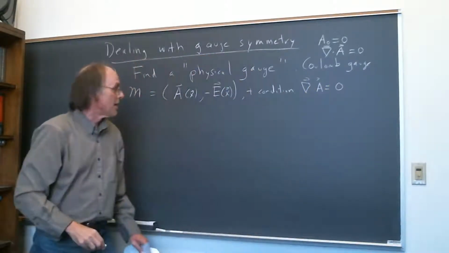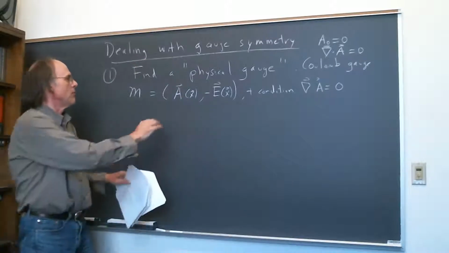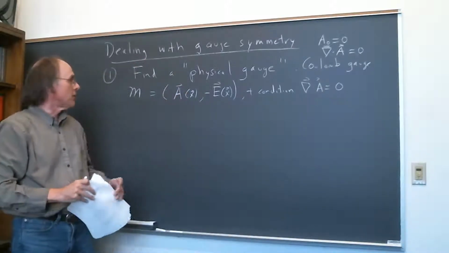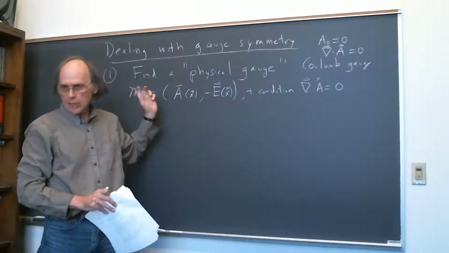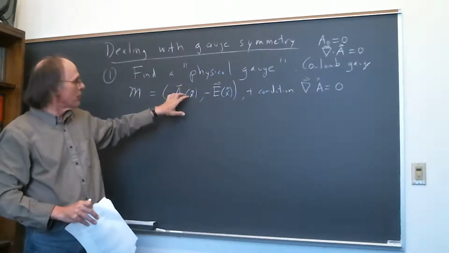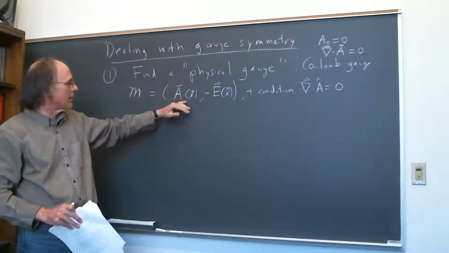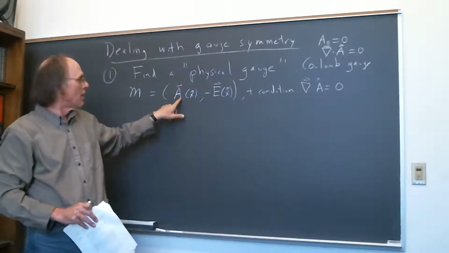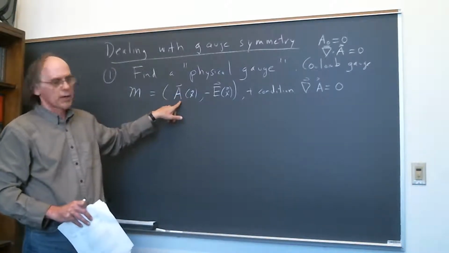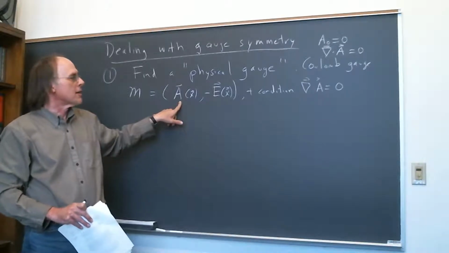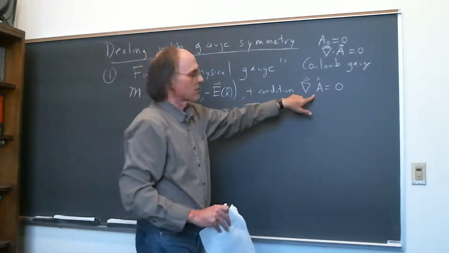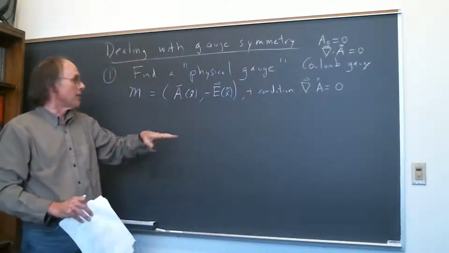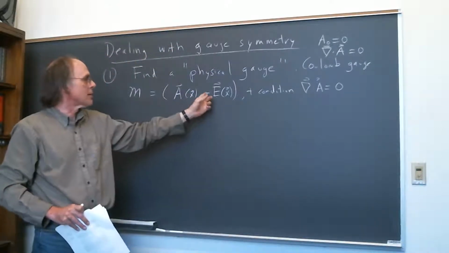What makes this a little bit tricky is that everything is behaving as if you had three copies of the Klein-Gordon case, but then you've got some extra condition which cuts down your phase space.